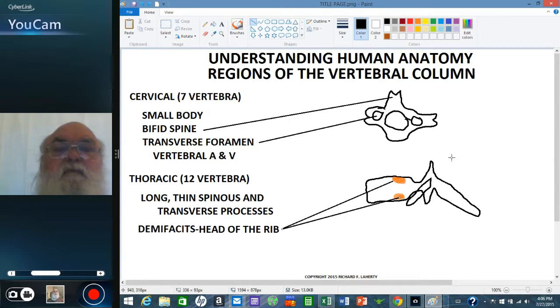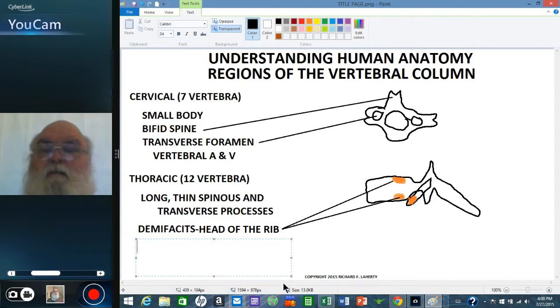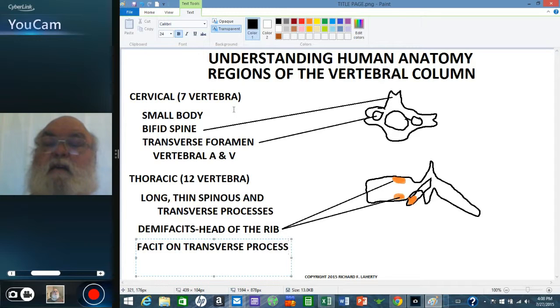And then on the transverse process, we'll have another articular surface, a facet on the transverse process, and the facet on the transverse process is for articulation with the tubercle of the rib.